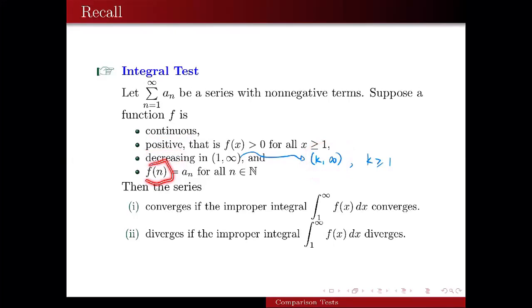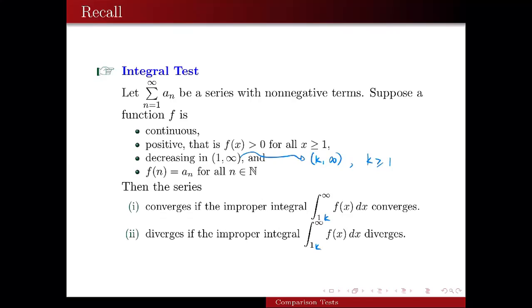And of course, this index will change: you can start with an integer greater than or equal to k, not just for all n. And of course, if you compute the improper integral, the lower limit will also change to k. Okay, so we can do that for the integral test.